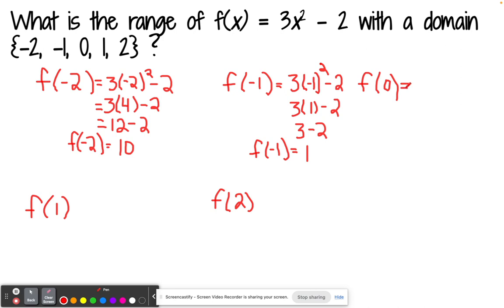Next, I have f of 0. Oops, I already wrote that. 3 times 0 to the second power. 0 to any power is going to be 0.